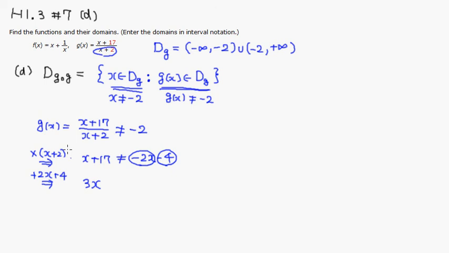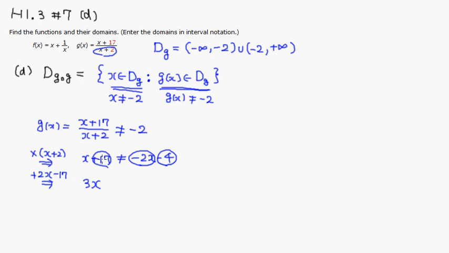Oh, actually, sorry, I shouldn't have done that. Maybe I should go back. I actually want to subtract 17 so that I can get rid of this 17 right here. So you get 2x plus x, 3x, back to that.